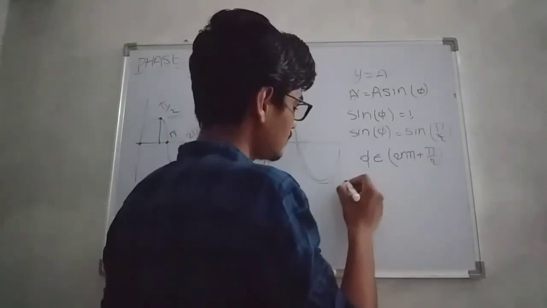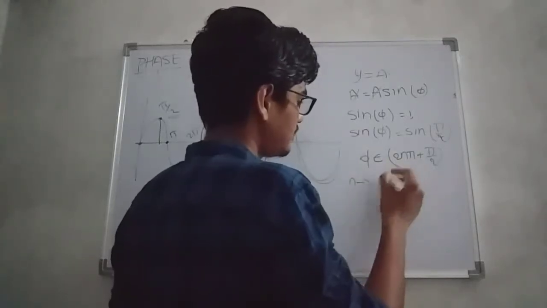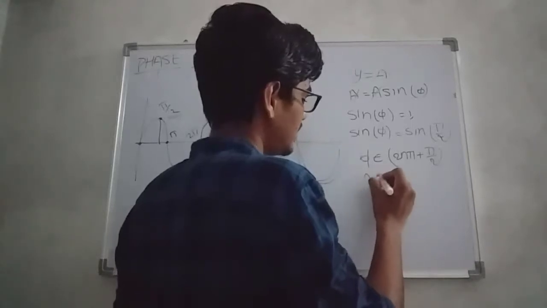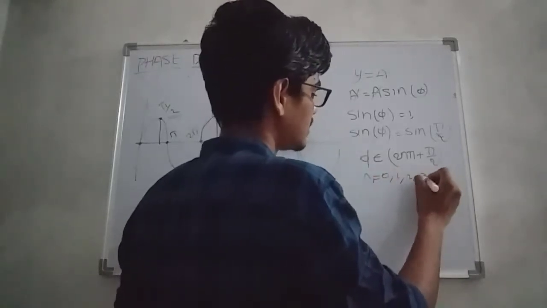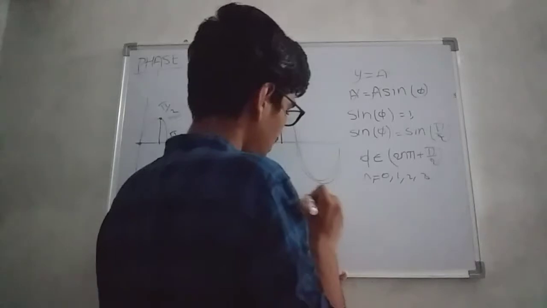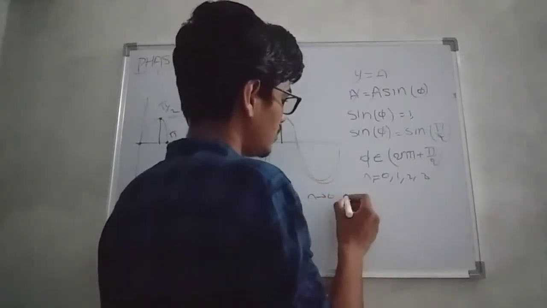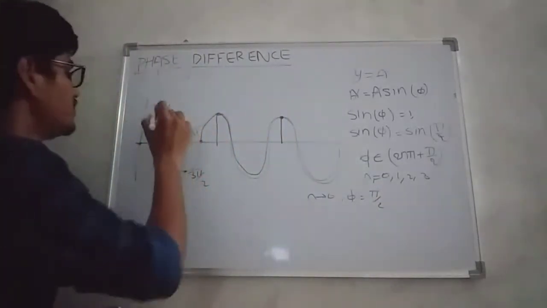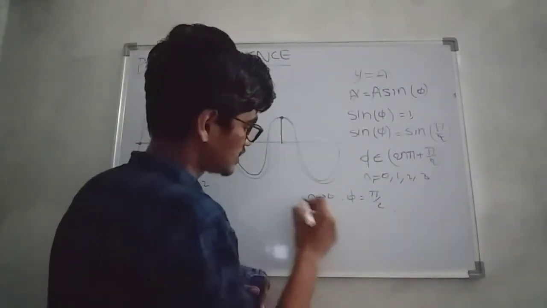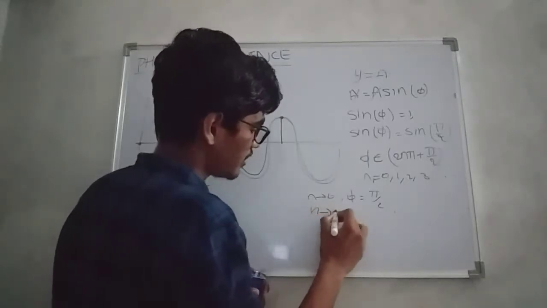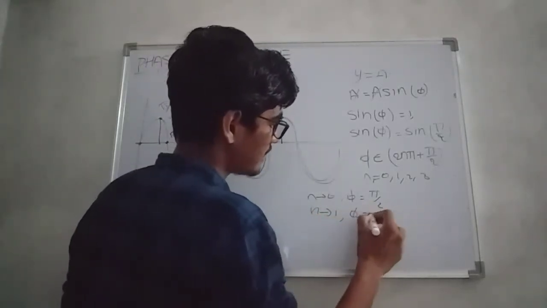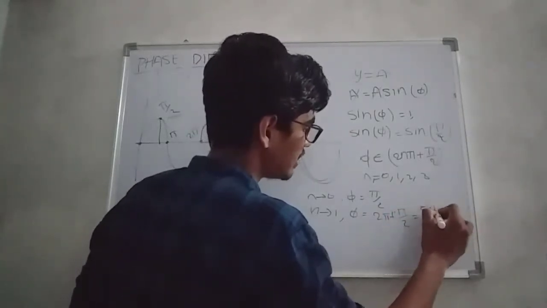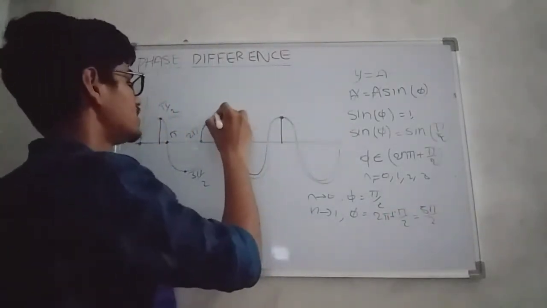Here n equal to 0, 1, 2, 3, etc. If n is equal to 0, we get phase pi by 2, which is the phase of the first maximum particle. If n is equal to 1, we get phase 2 pi plus pi by 2, which is equal to 5 pi by 2, which is the phase of this particle.